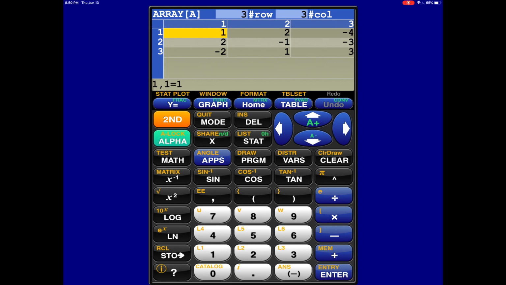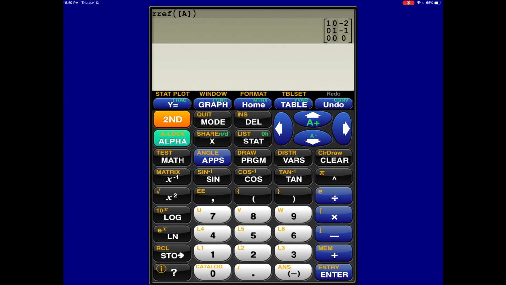And we'll have 6, -1, 0, 2, 3, 0, and then 1, 2, 0. Quit out of there. And then I'm going to just do second entry, and that'll give me RREF of A. And notice what we got.